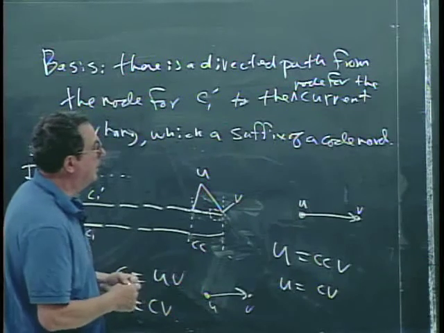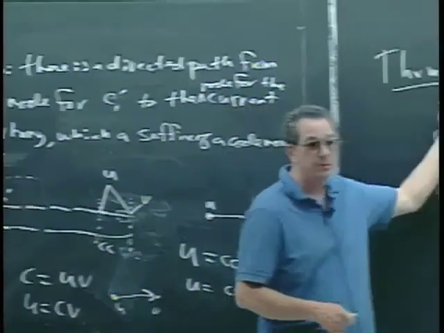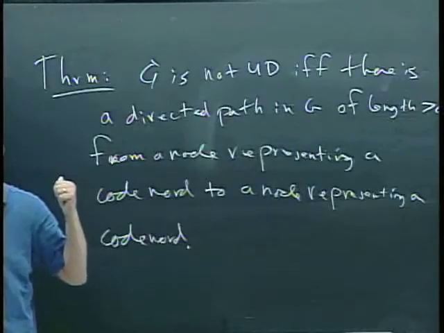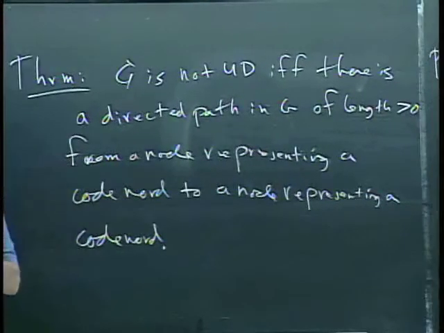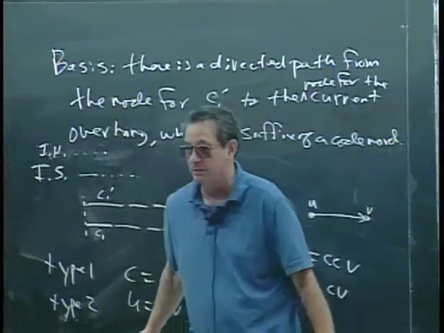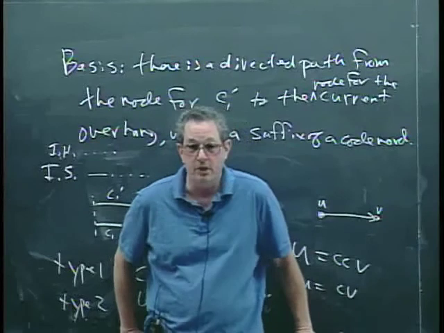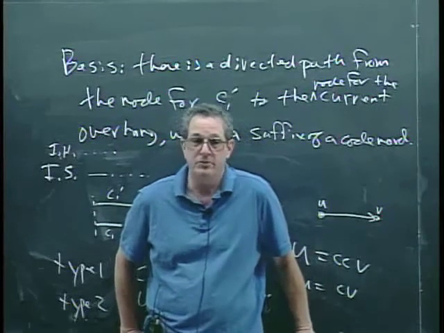Okay. So we've proven this in one direction. Your homework asks you to prove it in the other direction. And really the proof is very similar. You just have to keep your wits about you and see what's happening in this construction and argue that if there is a path from a node that represents a code word to another node that represents a code word, might be the same node, then you can construct a message that has two different parses.